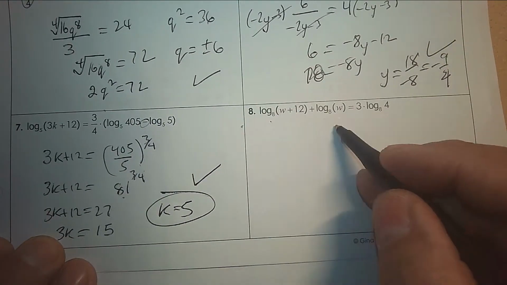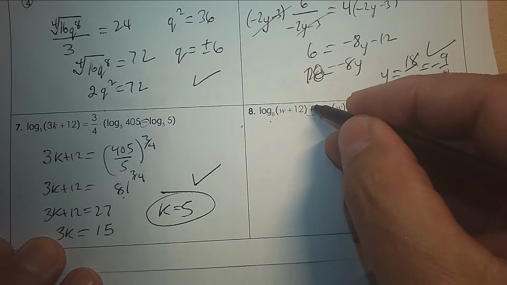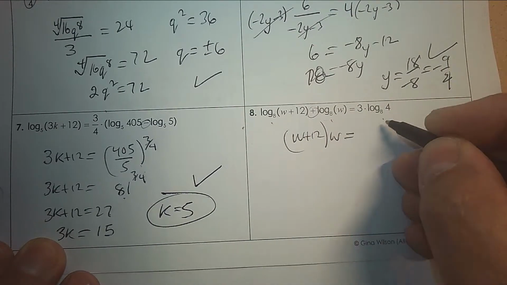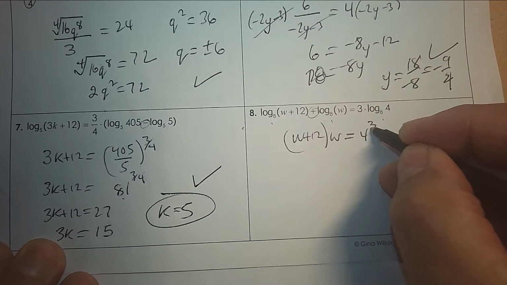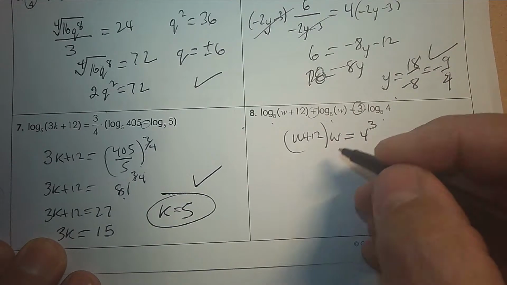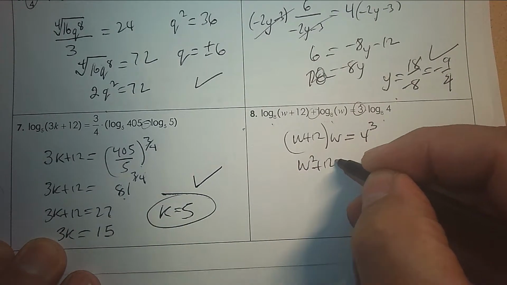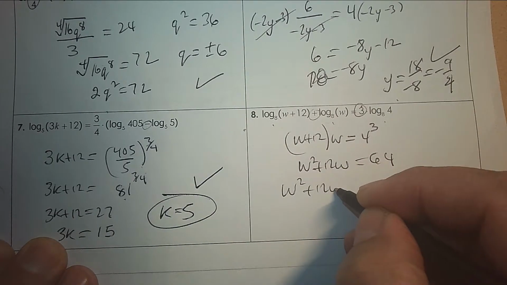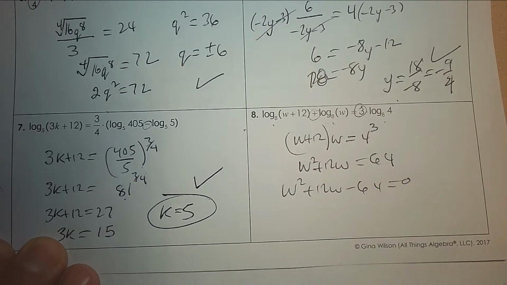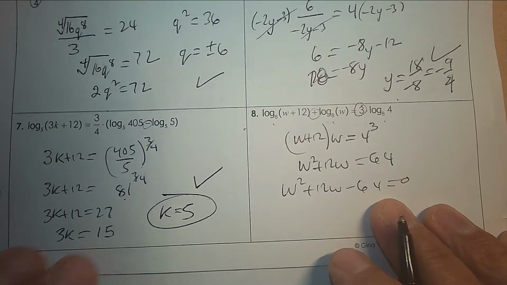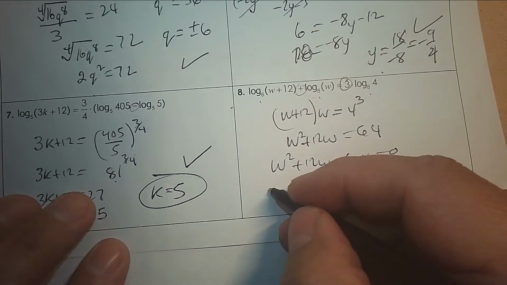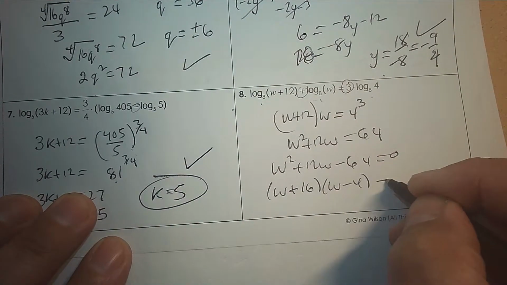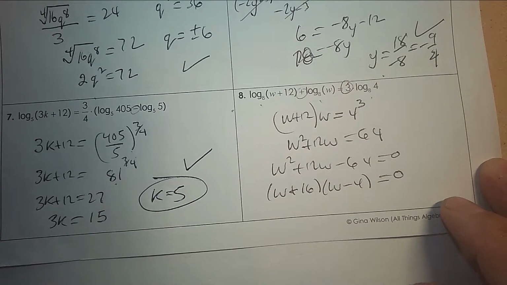Bases are the same, so when I'm adding, I'm multiplying, so W plus 12 times W, and then this would be 4 to the exponent 3. So I have W squared plus 12W is equal to 64. Subtract 64, factor it. The two numbers that multiply to 64 and subtract to 12 are 16 and 4.